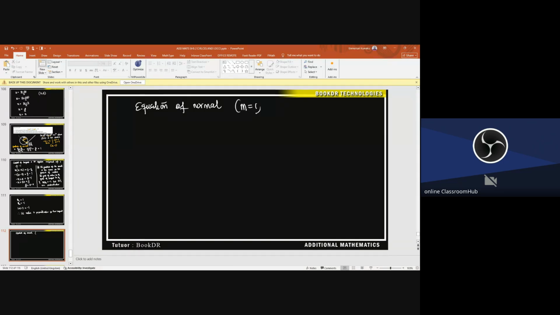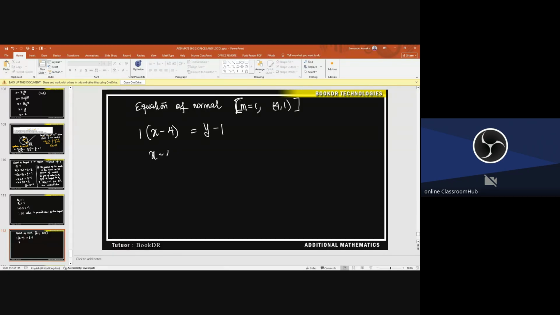The normal gradient is equal to 1 and it passes through the point (4, 1) at the point of tangency. So these are the information we'll use. Here we have 1 for the gradient multiplying x minus 4 is equal to y minus 1.